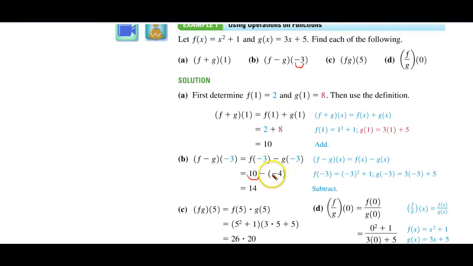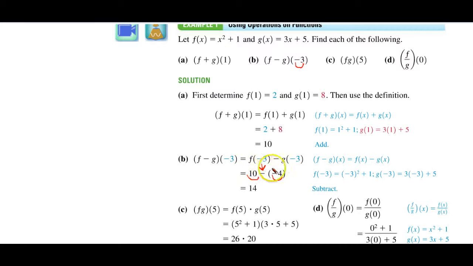Now here you have to be very careful because your g function is a -4. But what are they asking here? They're asking you to subtract them. So there's this subtraction operation right there.